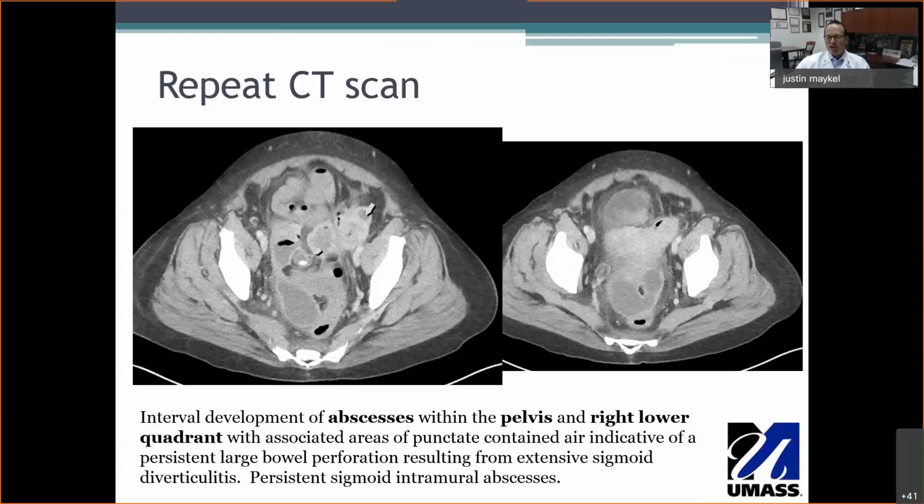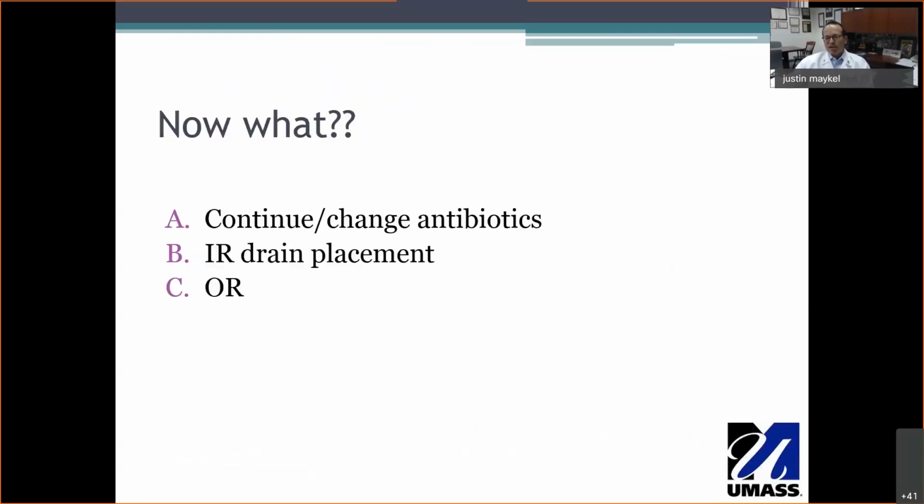And so although clinically she had improved, radiographically, her infection had progressed. So what do we do next? I'd like to move on to the next polling, and the options listed here are A, to continue or change the antibiotics, B, now place IR drains, or C, now bite the bullet and go to the operating room. All right, 24 participants, excellent.